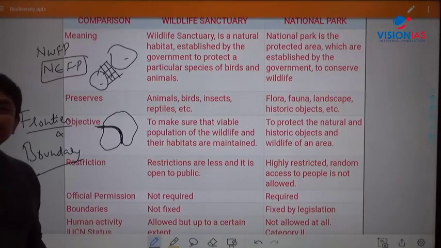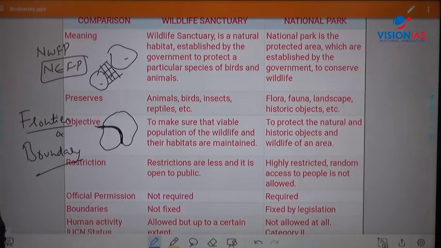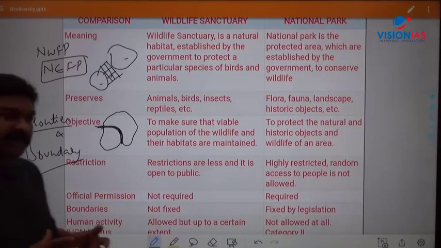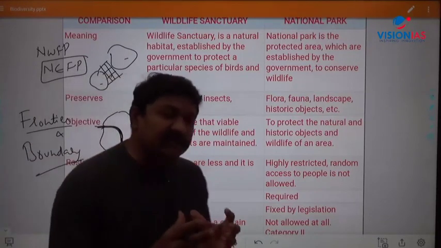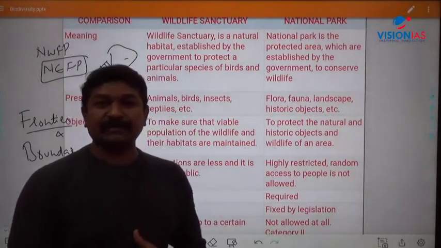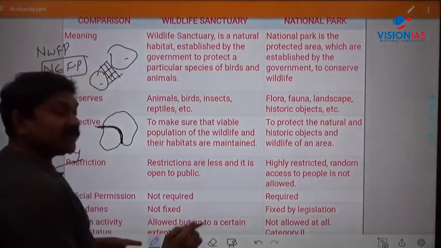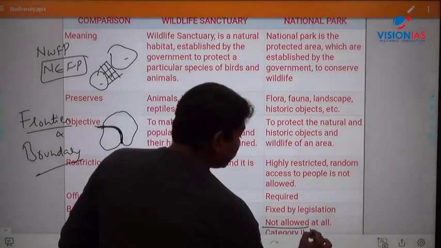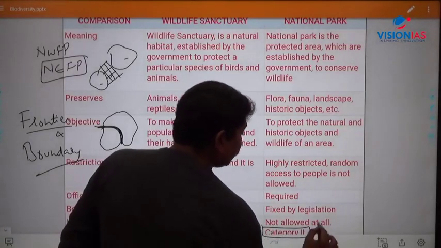IUCN status. The IUCN, otherwise called the International Union for Conservation of Nature, is the organization which gives certain status to protected areas. What is the status given to a national park? It is called Category 2.